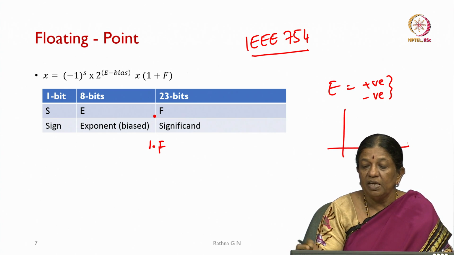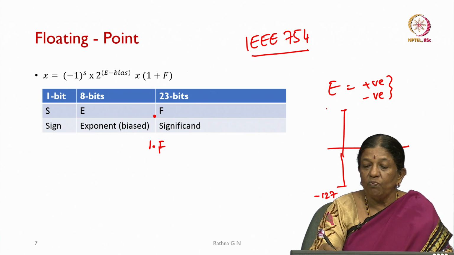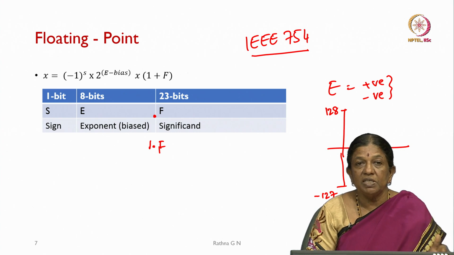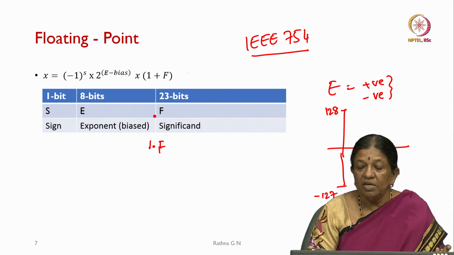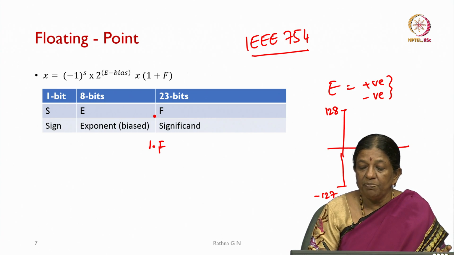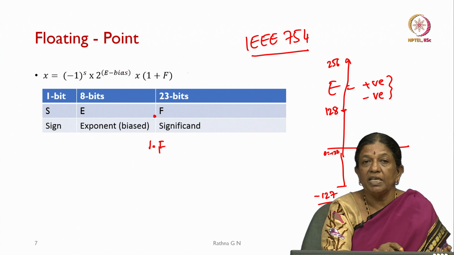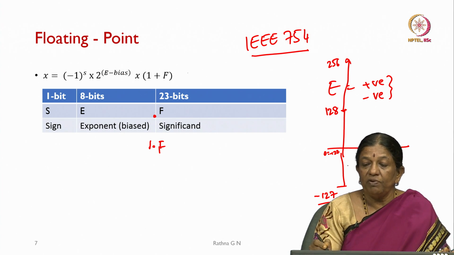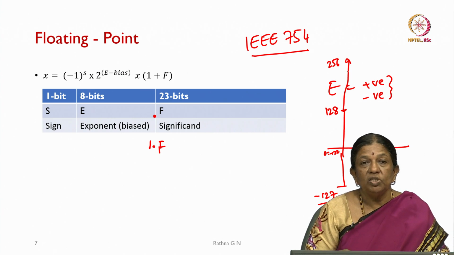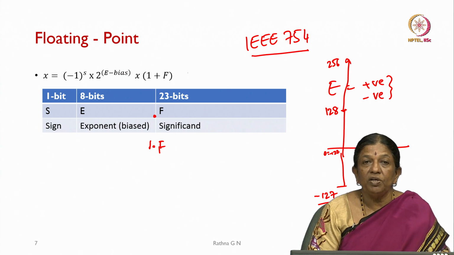In signed format, the numbers I can represent with 8 bits are minus 127 to plus 128. So, instead of this representation, we shift this one to 0 here, which is equivalent to minus 127, and this one will be shifted up to 255. That is how we have exponent minus bias, which we compute.